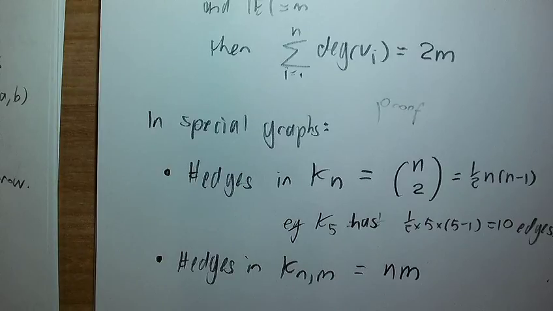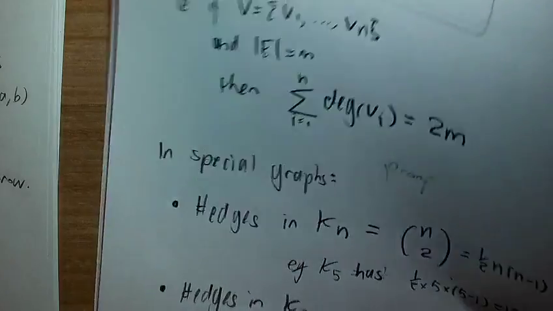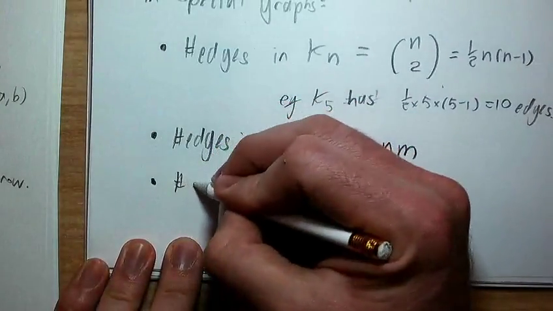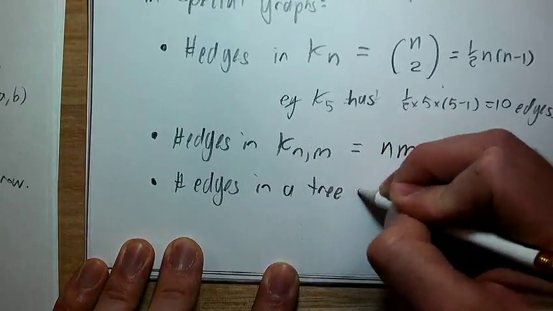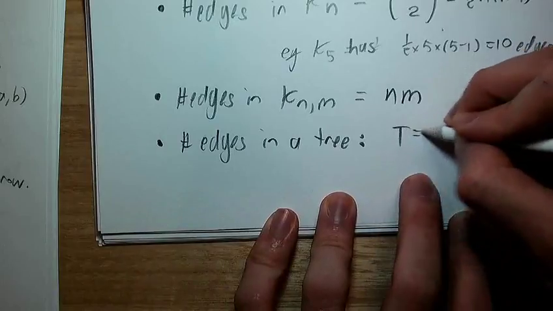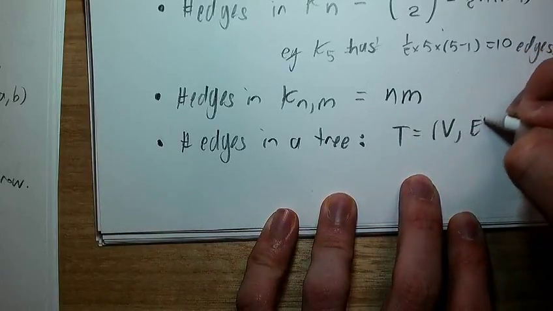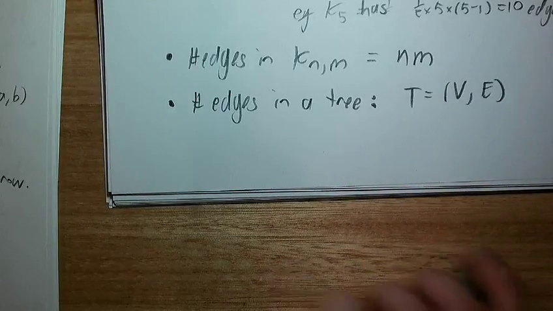In a tree, so if you've got a tree which has these vertices and these edges, then the number of edges is one more than the number of vertices.